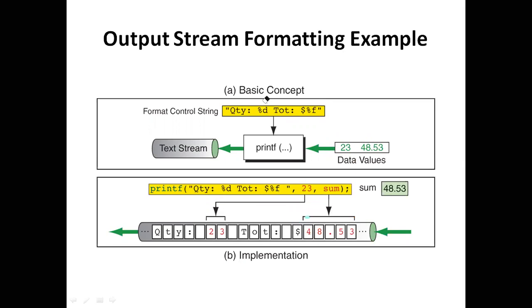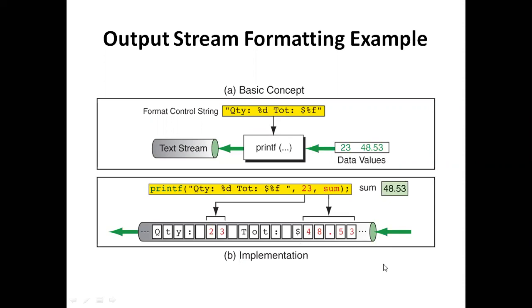Here we are displaying the value 23, which should be in integer format. Here we are displaying the sum, which is in floating point format. That's why we indicate it as percentage f. This is the basic concept, which we call implementation.